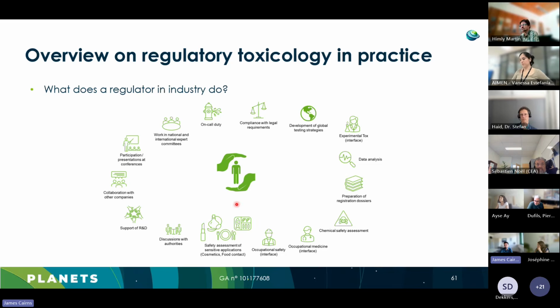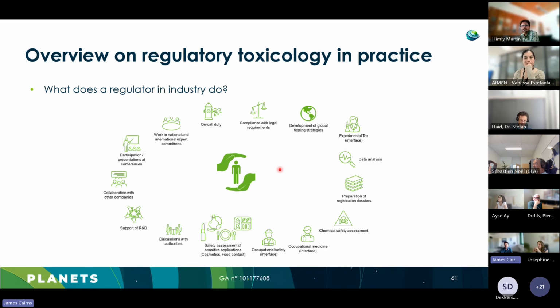Looking into differences in how these documents have to look: for example, cosmetics or food contact materials have different regulations than performance materials. And I'll get into a few of those in the next few slides.